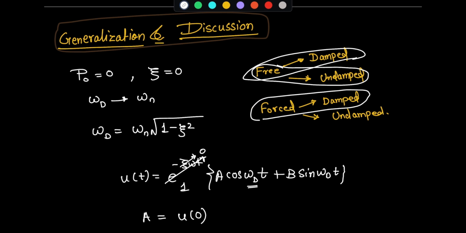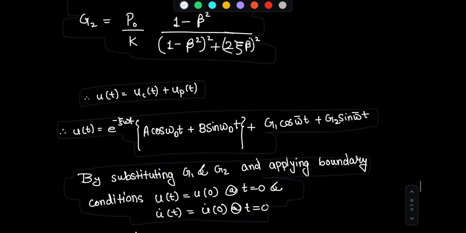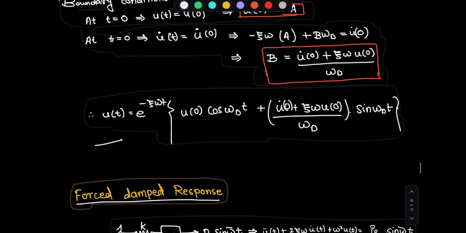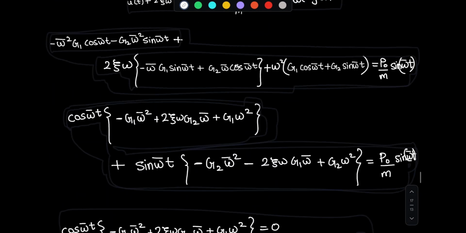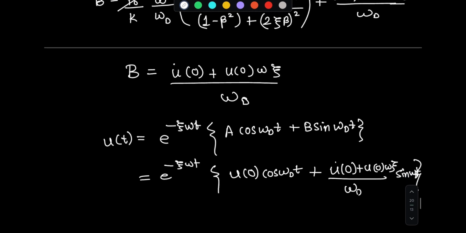For the forced undamped case, we again found it by using the complementary solution. So this expression here was the response for the free damped situation. We have not found it for the forced undamped situation.